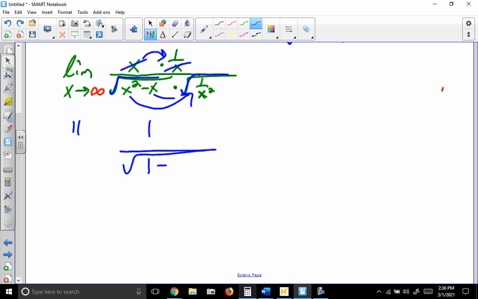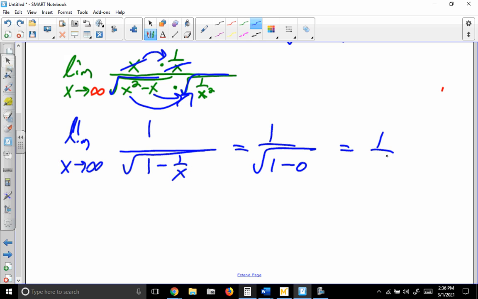And when we distribute here, x over x squared would reduce to 1 over x. And if we take the limit of that, as x goes to infinity, then the limit of a constant is itself. The limit of 1 over x as x goes to infinity is 0, and we would get 1.